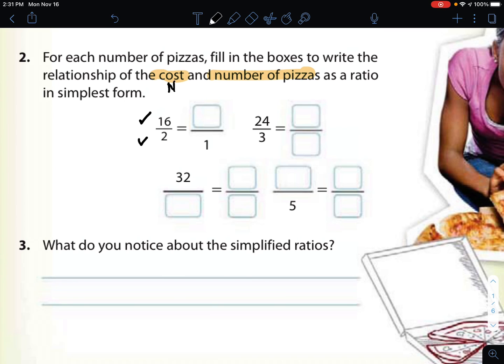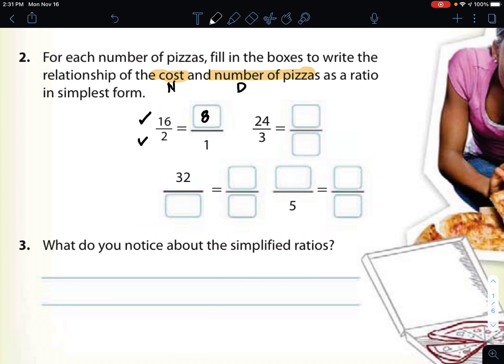So we have 16 over 2, $16 for 2 pizzas. If I simplify that, it becomes 8 over 1. That means dividing the numerator and the denominator by 2.